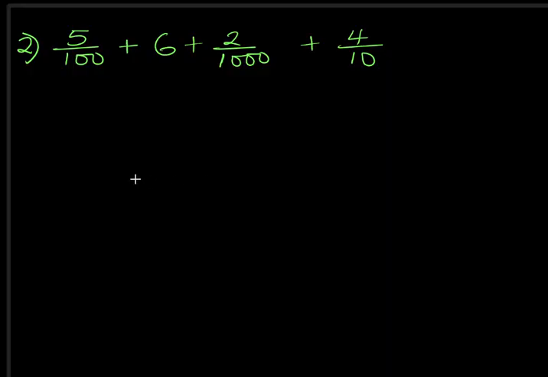Okay, let's move to number 2. Let's see what we have. So our job here is, first of all, you can all see that this has not been arranged. Of course, the whole number part should come first before the fractional part. So let's arrange.